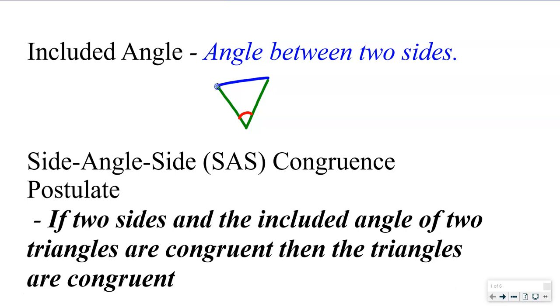So that's going to allow us to do this next definition, side angle side, or the SAS congruence postulate. And that is, if two sides and the included angle of two triangles are congruent, then the triangles are congruent.